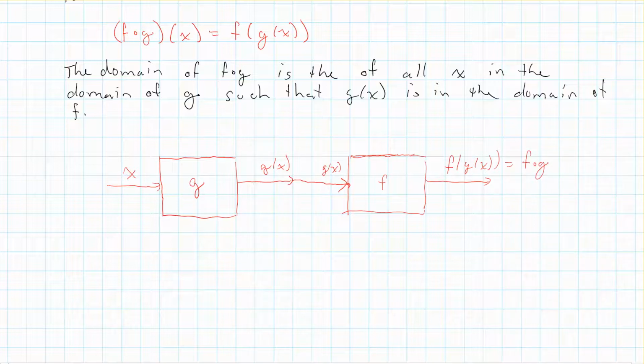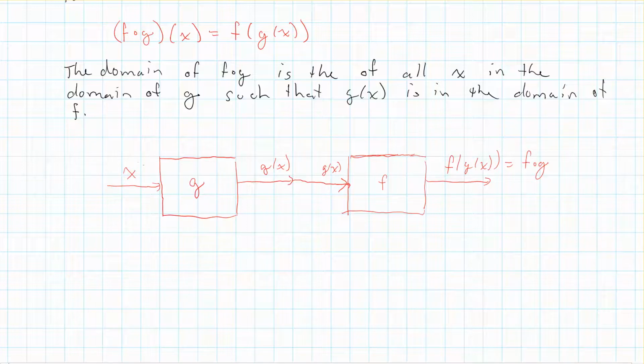Now, this is where the domain gets a little interesting when you're doing these problems. So again, we have to say first off, what's the domain of g? Because those are the only allowable inputs. If you can't plug it into g, because that's the first thing we have to do, then we can't use that as part of our domain.